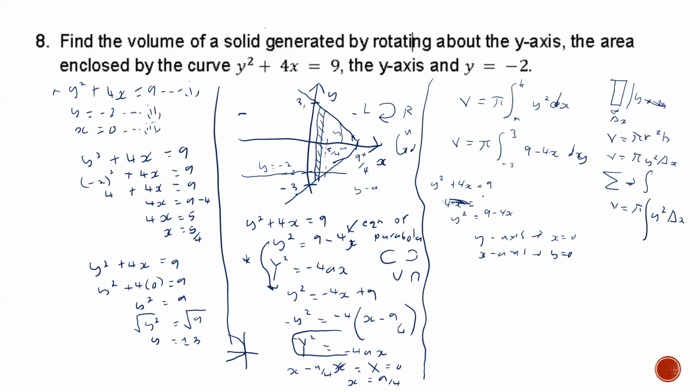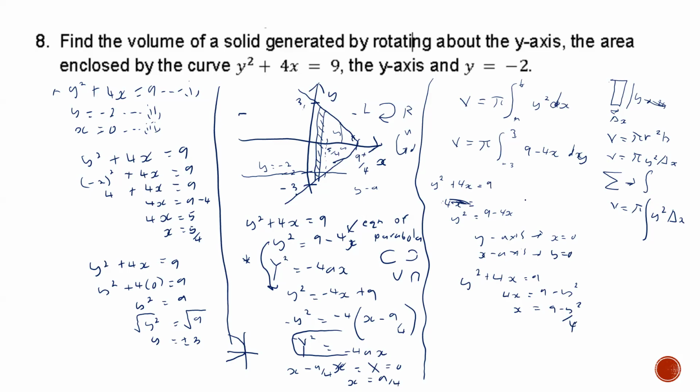Yeah, that's true. So meaning if we come back to this equation of y squared plus 4x is equal to 9, that means 4x is equal to 9 minus y squared, such that, if I'm not mistaken, x is equal to 9 minus y squared out of 4.